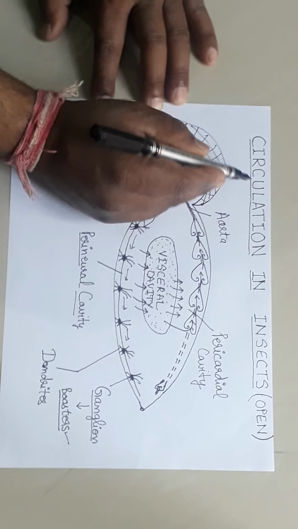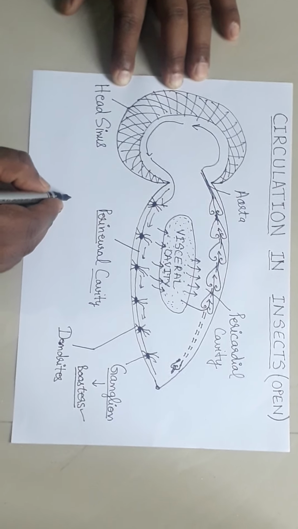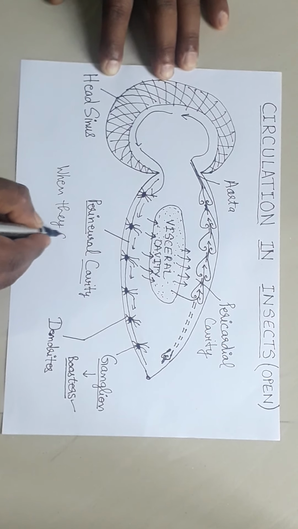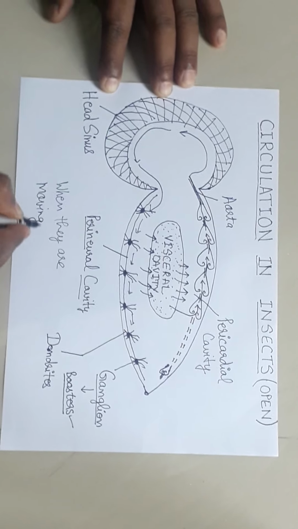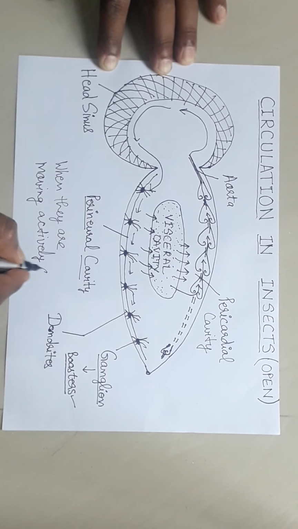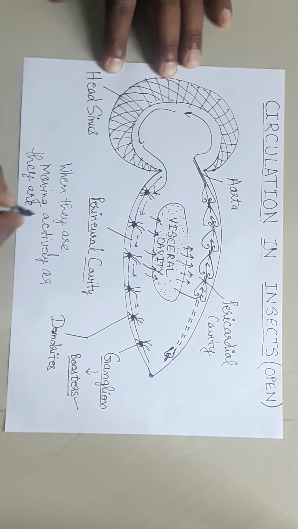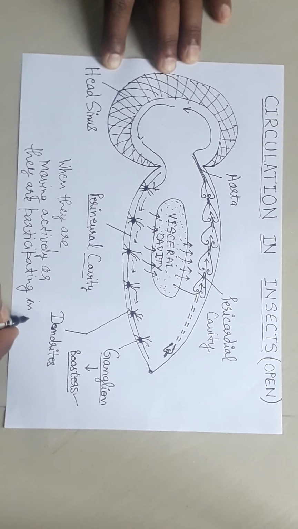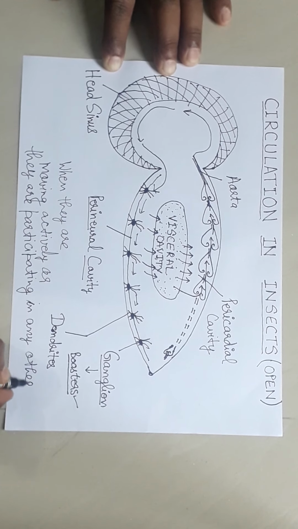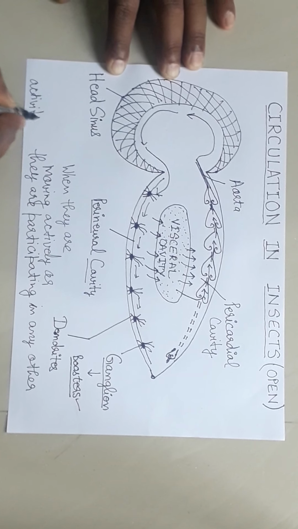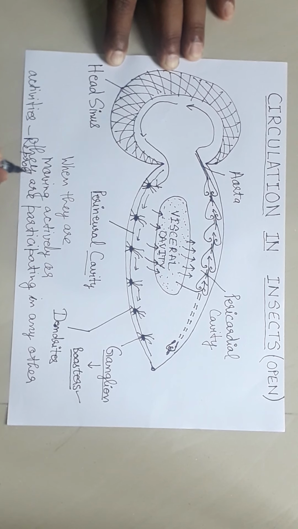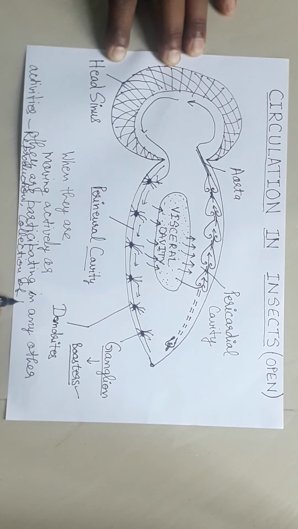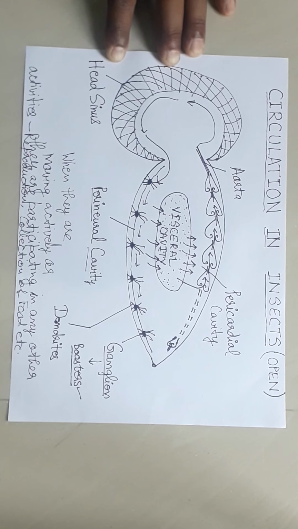But if we talk about circulation in insects, it is only active during activities, meaning when they are moving actively, or participating in other activities like reproduction, collection of food, etc. Clear?